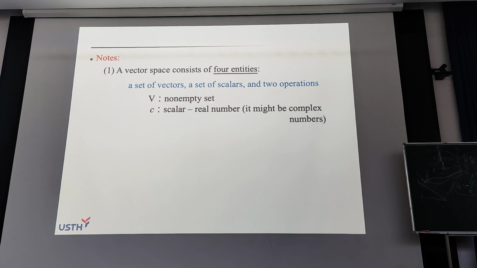We need a set of numbers, scalars, and we need to have 2 operations. And it is here, V, that is the set of vectors. It must be non-empty. C must be numbers, and here in this course we consider only the real numbers, but it might be complex numbers. And we need to have 2 operations. We call them the addition and scalar multiplication, denoted by that.